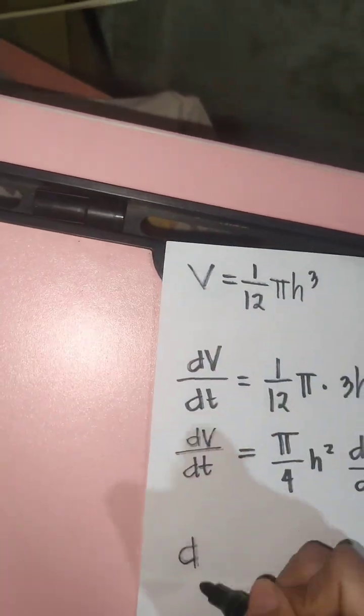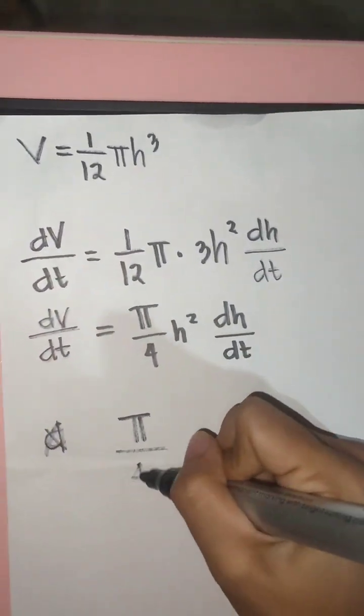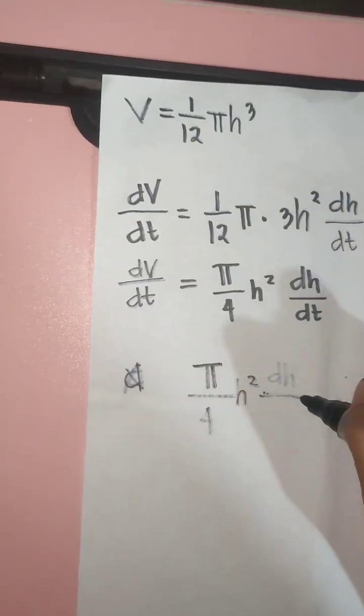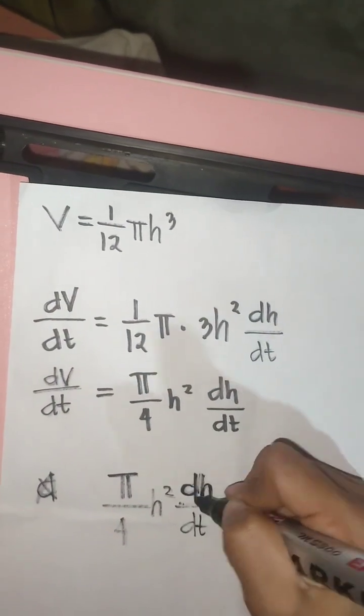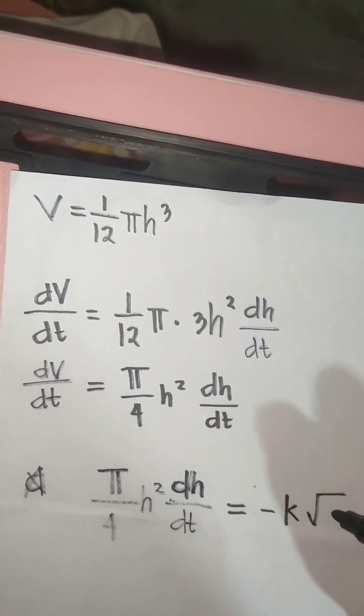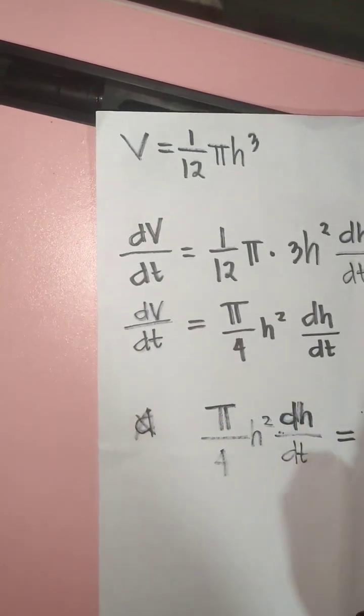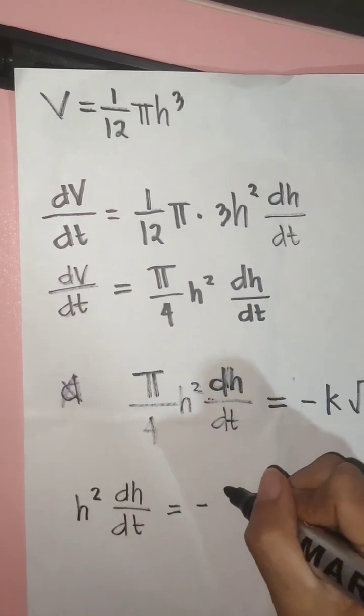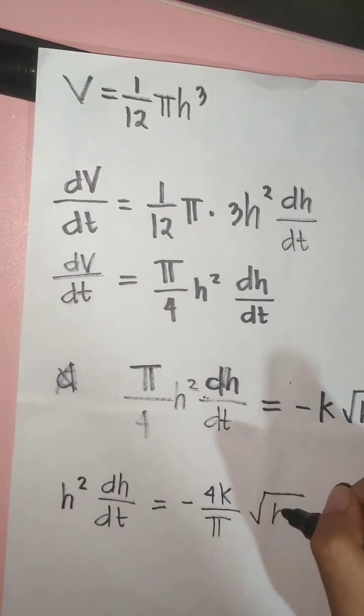So we have to equate the two expressions. We have pi over 4 times h squared dh over dt equals negative k times square root of h. We simplify, so we have h squared dh over dt is equal to negative 4k over pi times square root of h.